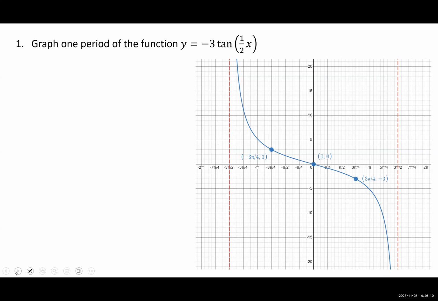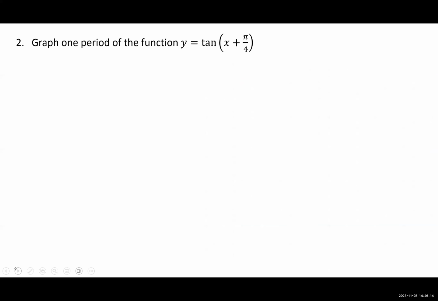Okay, problem number 2. This one's going to incorporate a phase shift. We got a plus pi over 4. All right, so I'm going to start the same way. Use that model, y equals a times the tangent of bx plus c.